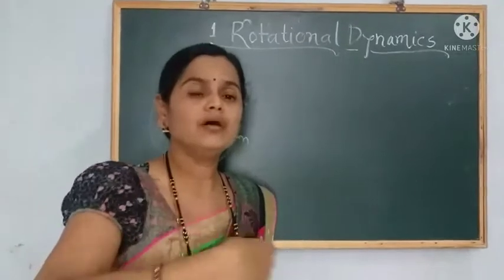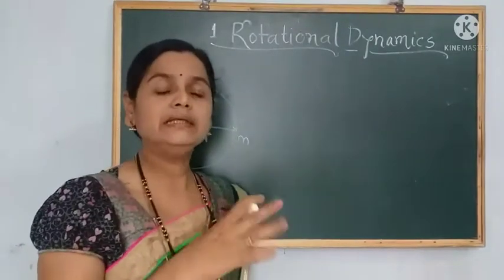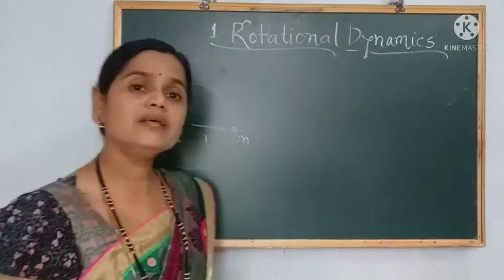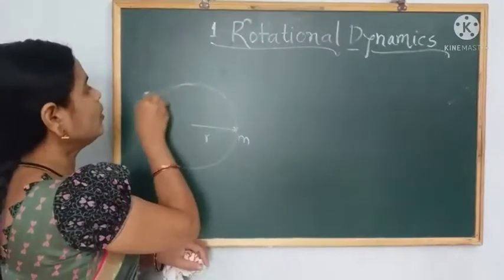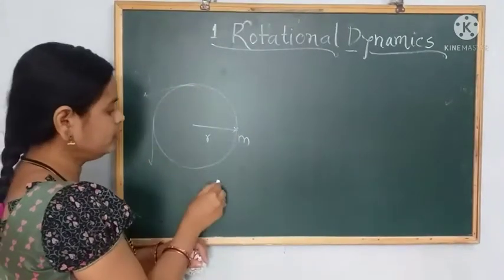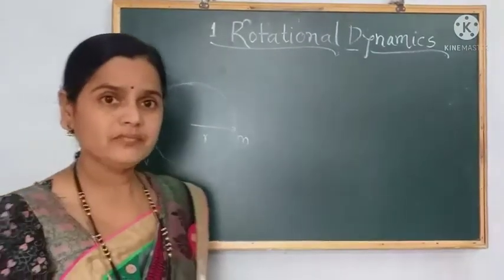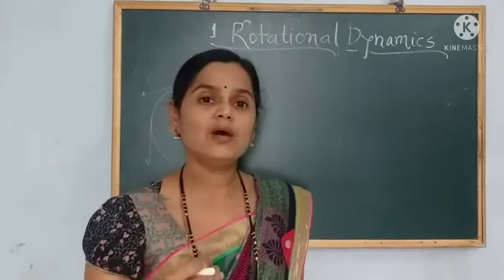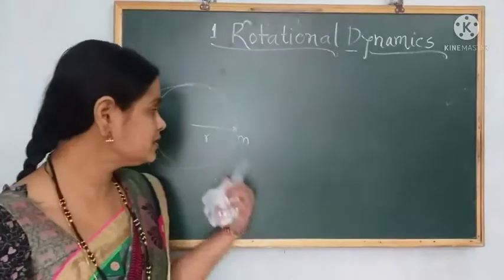Suppose at any instant of time the particle leaves the circular trajectory, where does it move? It will move along the tangent to the circle. We know that at any instant, whenever it leaves the circular motion, it will move along the tangent to the circle.